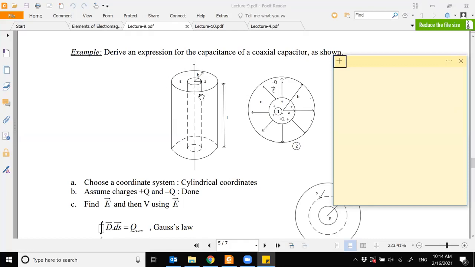And this becomes very crucial, guys, because a coaxial cable is usually used to transmit our signals at different frequencies. But up to what frequencies can you transmit a signal on a coaxial cable?